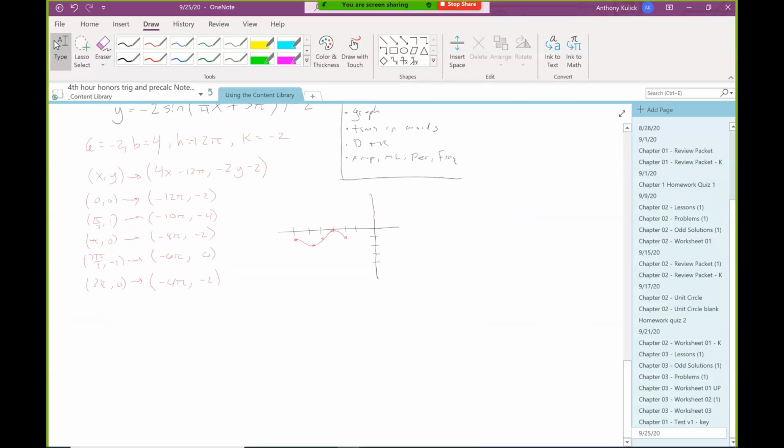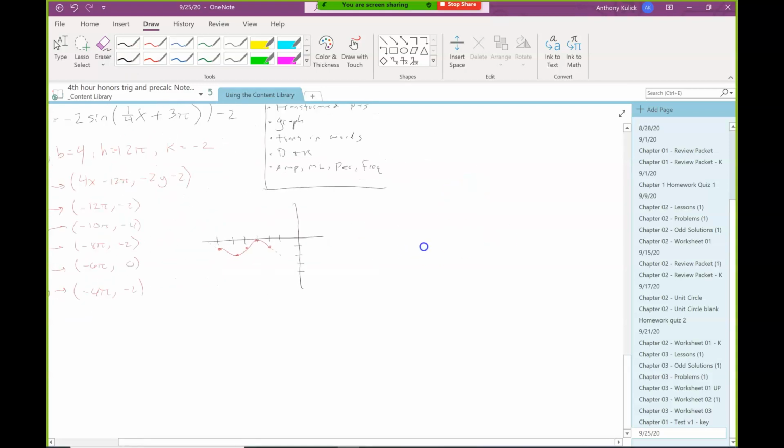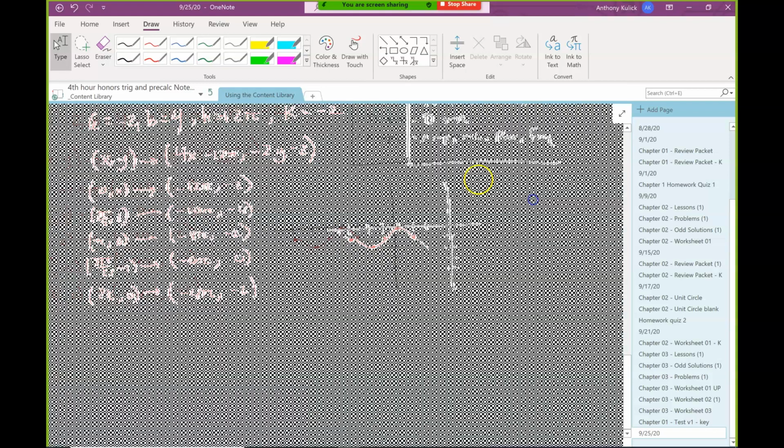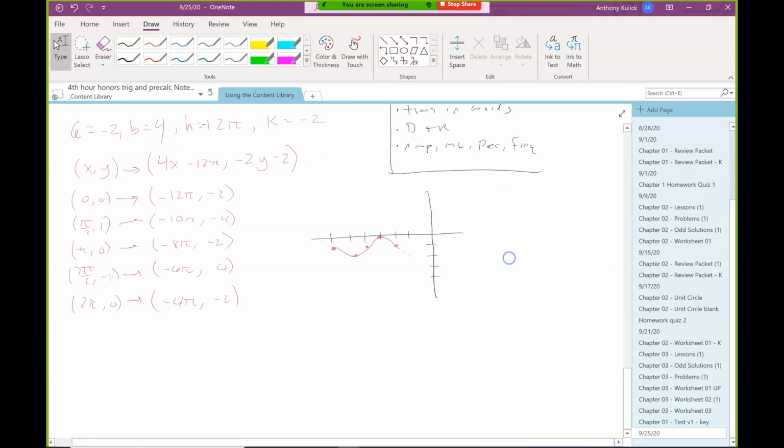Keep in mind it keeps on going, so I'll draw arrows to indicate that. So in words, b is greater than 0, so we have no reflection across the y-axis.